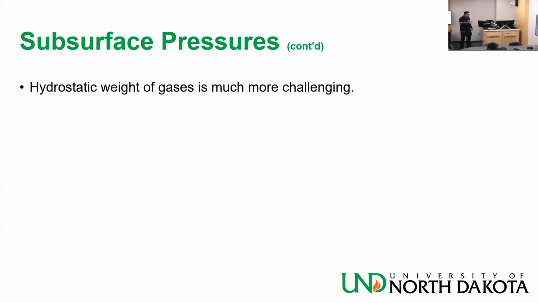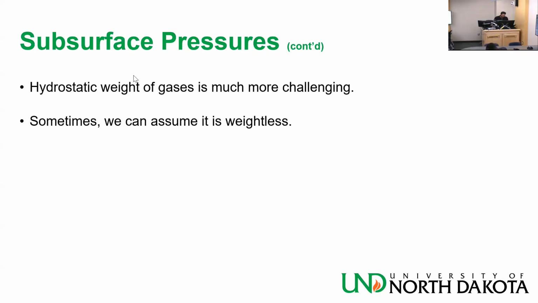So it's used very much interchangeably. I talk about it in my other class too, 575. It's a little bit confusing. So every time you see this word hydrostatic, ask yourself what it means. For gases, it's a little more challenging to find the hydrostatic weight. Sometimes we can assume it's weightless, so that makes it easy. It doesn't weigh anything.